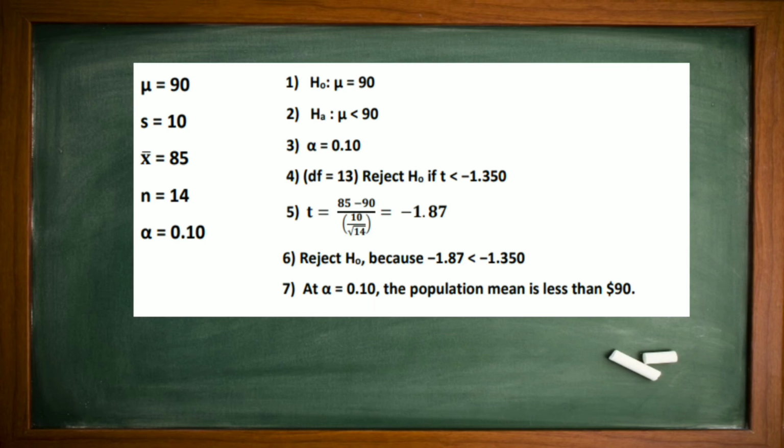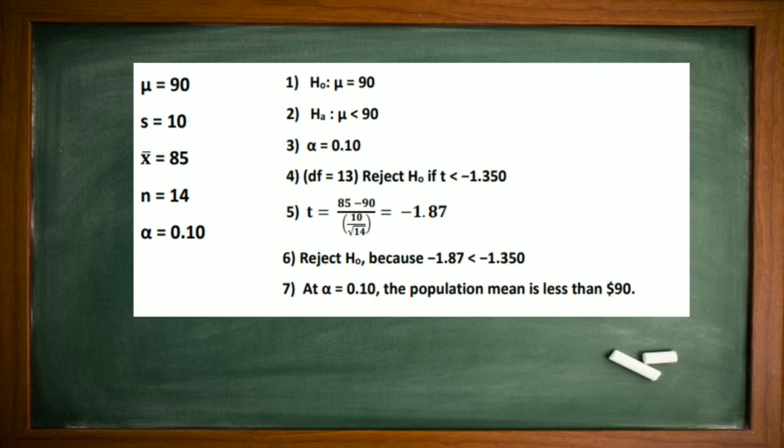We have 85 minus 90 over 10 divided by the square root of 14. Okay, using mathematical operation po, ang makukuha po nating sagot is negative 1.87. So, yan po yung ating calculated test statistic.